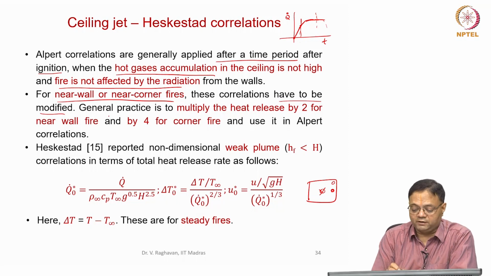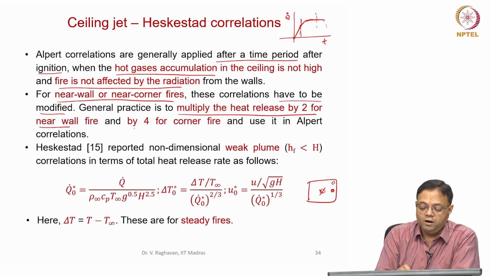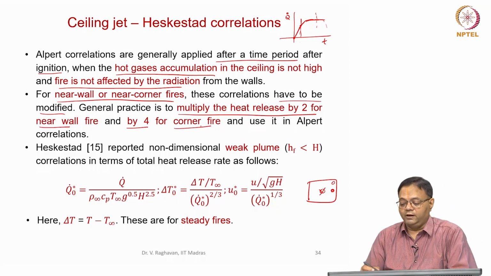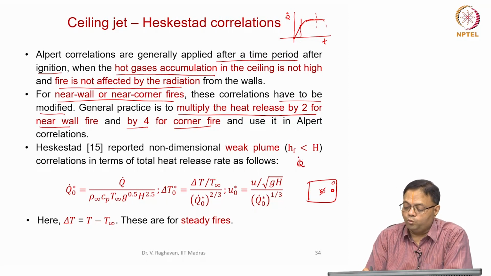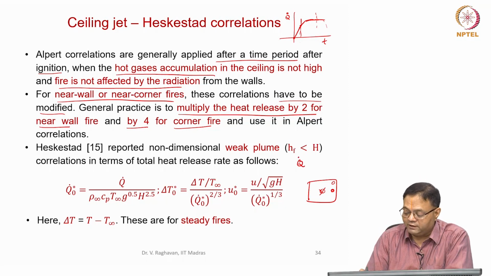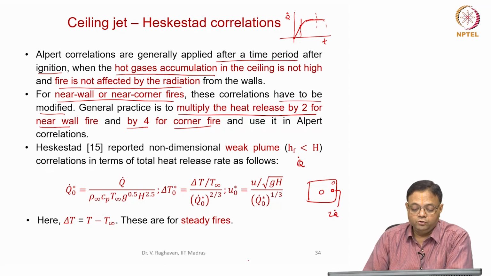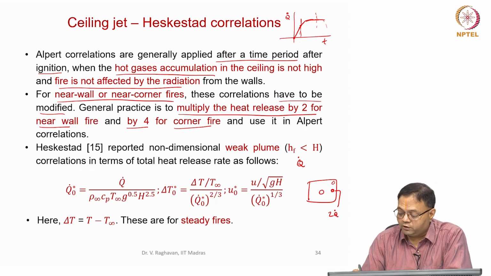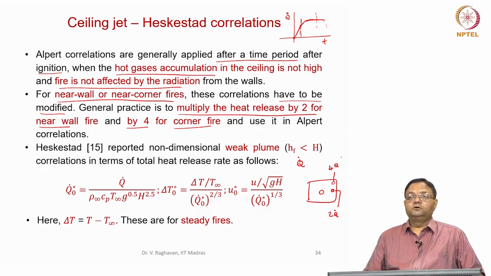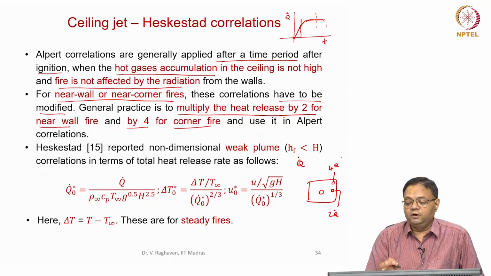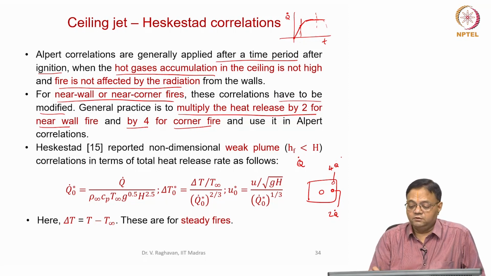General practice is to multiply the heat release rate by 2 for the near wall and by 4 for the corner. That is, if Q dot is the heat release rate for the central fire, then for the side wall fire you take 2 times Q dot. For the corner fire you take 4 times Q dot and apply the same correlation. These are the thumb rules given.